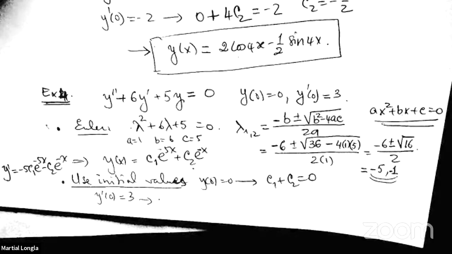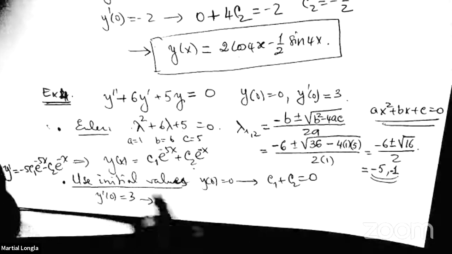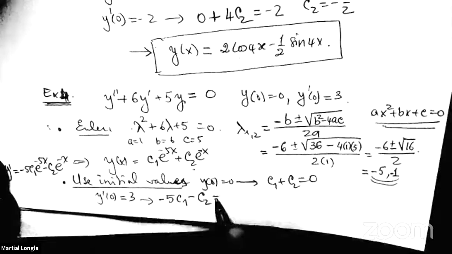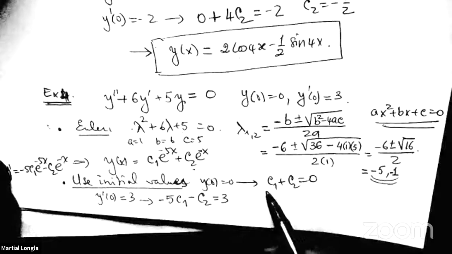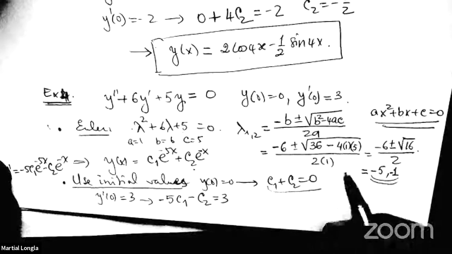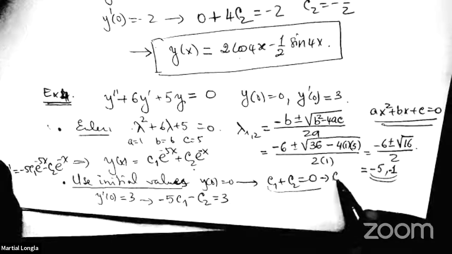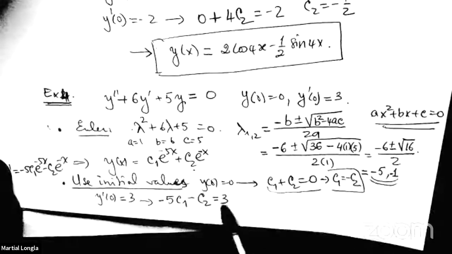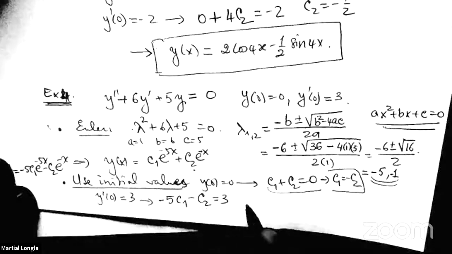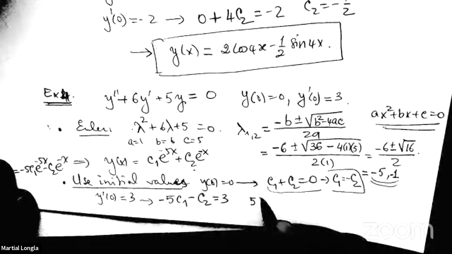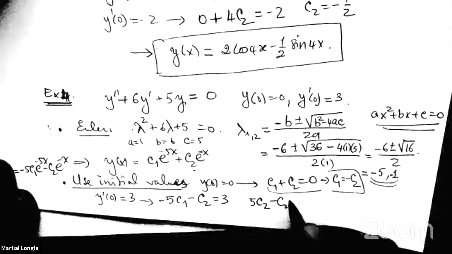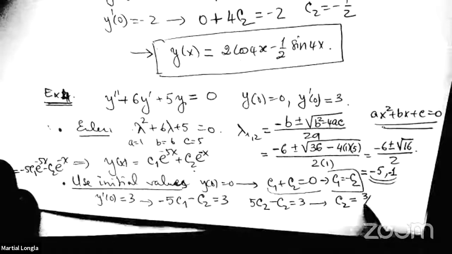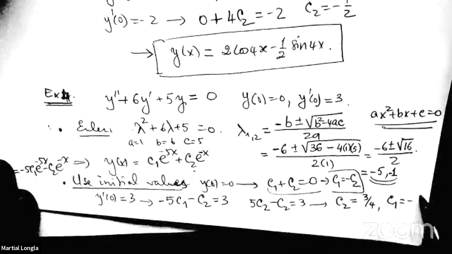That's the derivative. Now you plug in 0, so you get -5 c1 minus c2 equals 3. First equation, c1 plus c2 equals 0, so c1 is -c2. You plug that in here, so you get 5 c2 minus c2 equals 3. So c2 equals 3/4. c1 equals -3/4.